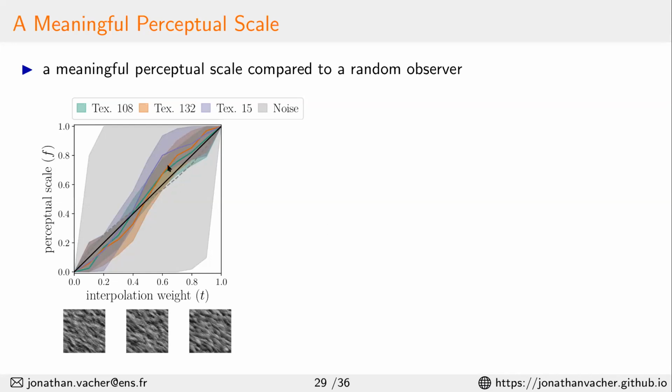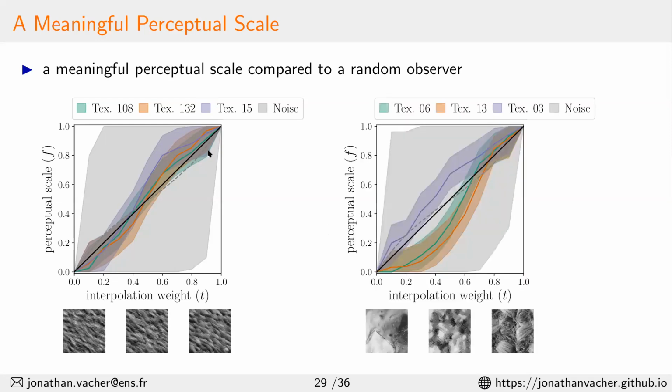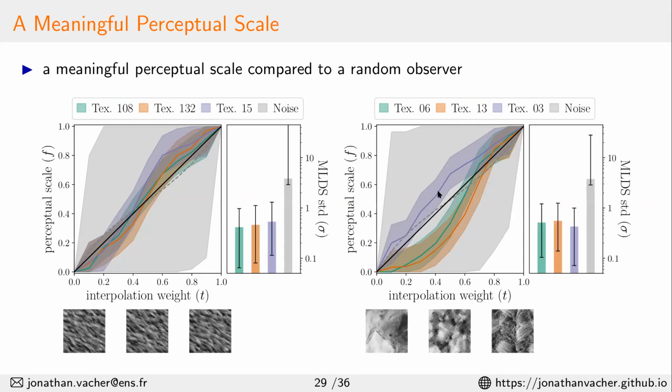So here we find something close to the identity, but with a small error bar, which means that the behavior was consistent across participants. We also interpolate between arbitrary textures, and here we find more variable results, also consistent, more than noise. And there's an extra variable, this constant internal noise that is assumed, that is of course estimated to be lower than for the true interpolation and for a random answer and presentation of noise.